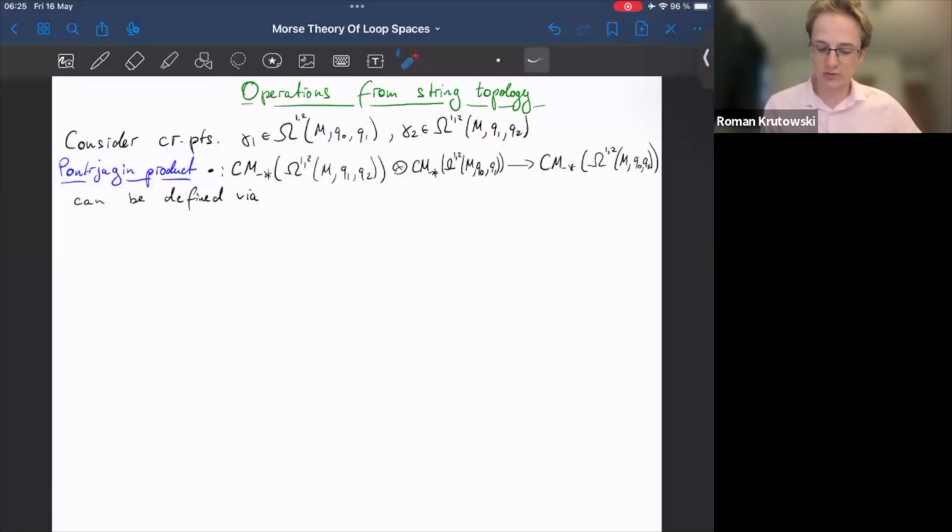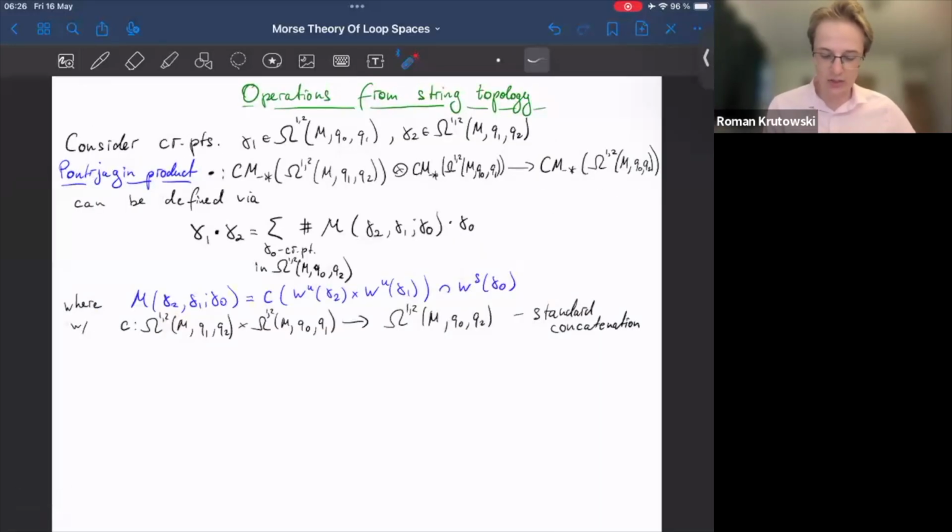This will be a chain map from a tensor product of Morse chain complexes for two path spaces, one for paths going from some point Q0 to Q1, and the other for paths going from Q1 to Q2. And it lands in paths from Q0 to Q2. Notice that we use the negative cohomological gradient here.